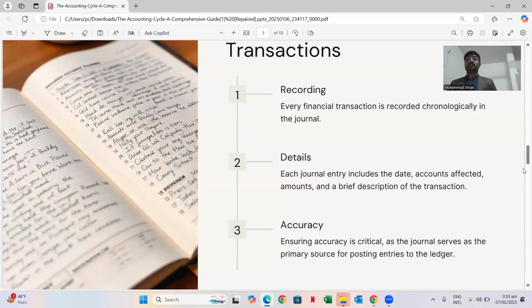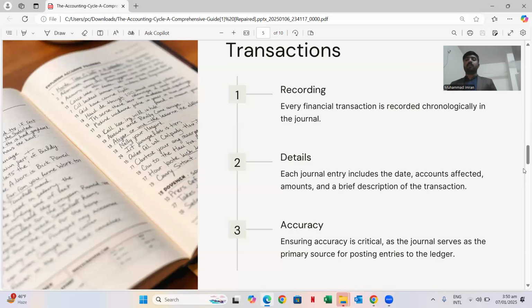And different details are also provided for recording these transactions, like the dates at which a transaction occurred, the accounts affected by these transactions, the amounts changed as these transactions happen, and a brief description of the transaction.